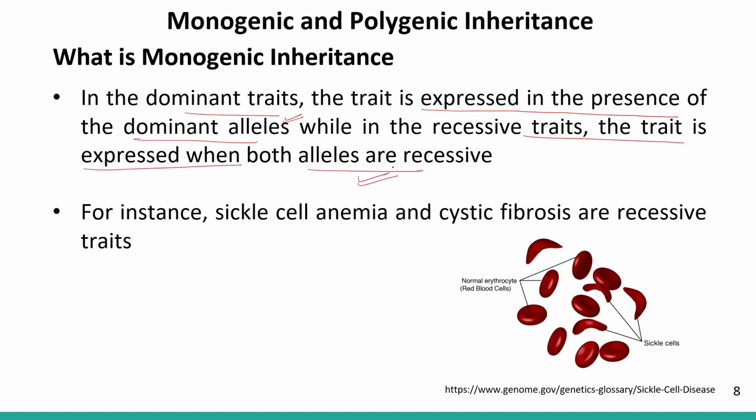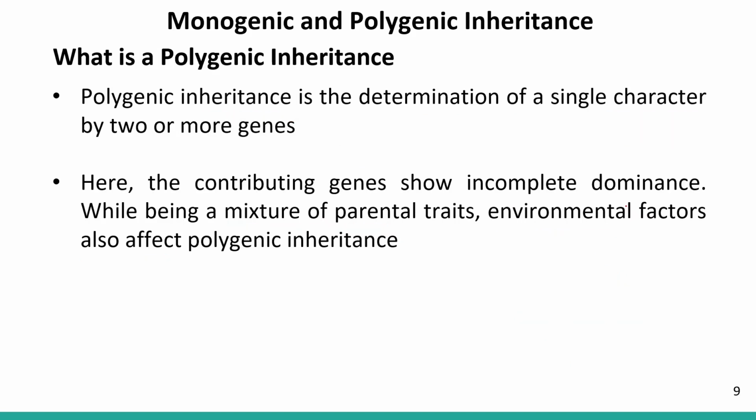If there is one dominant allele, the recessive cannot express itself. If the recessive has to express, then both alleles have to be recessive, right? For instance, sickle cell anemia and cystic fibrosis are recessive traits. These are the two that show recessive traits by monogenic inheritance. Only a single gene is responsible for this particular trait.